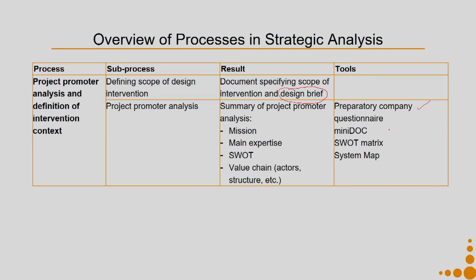So, the advertisement part of it. So, all the value chain, everybody who is involved in the process of making that existing product available to the market. The tools that we use are the preparatory company questionnaire, the mini document, which is a document in which I will be documenting everything, and the SWOT matrix and the systems map.